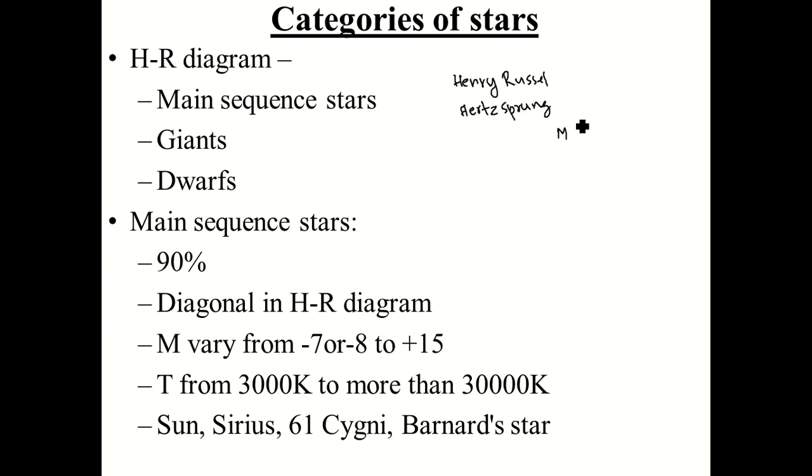The absolute magnitude is taken along the y-axis and the temperature is taken along the x-axis. This is called the HR diagram.